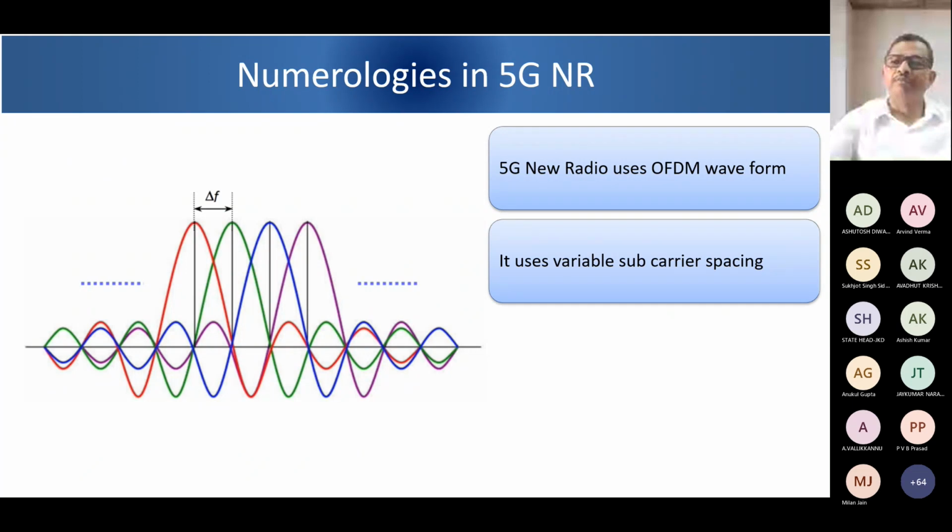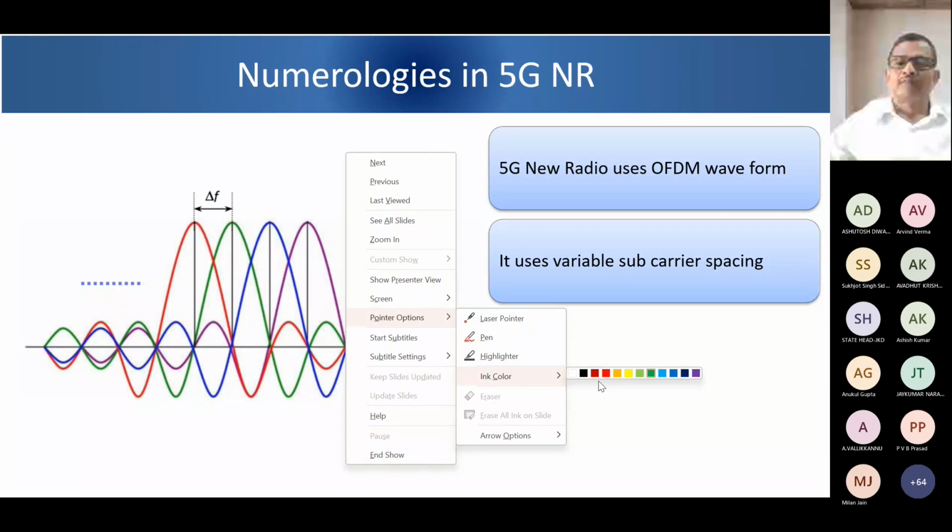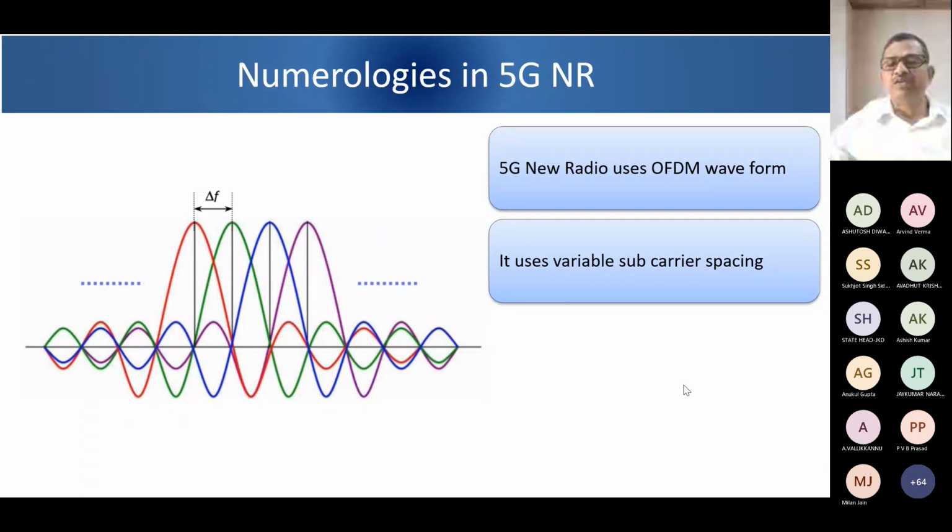But the difference from 4G is that in 4G, we only use a subcarrier spacing of 15 kilohertz.